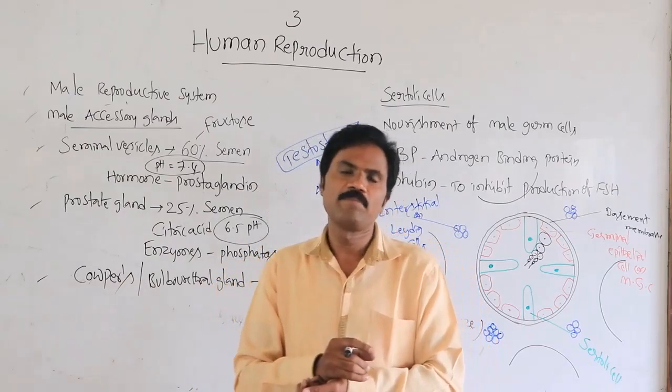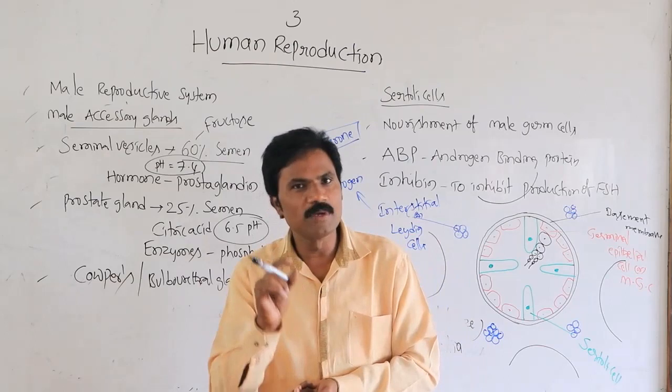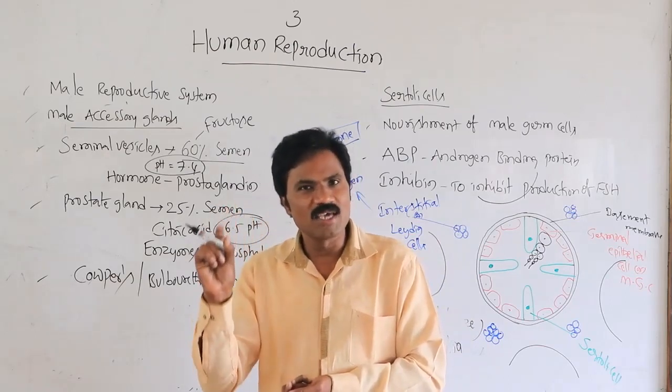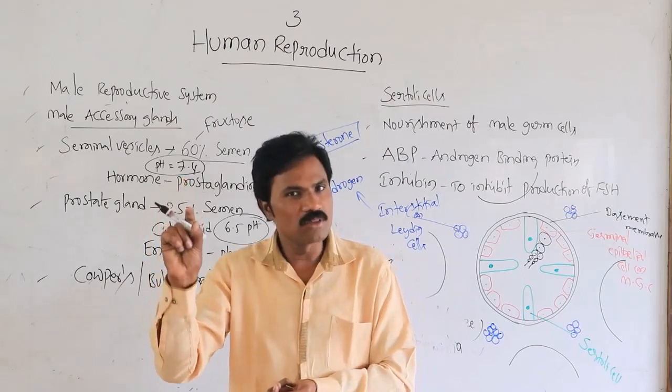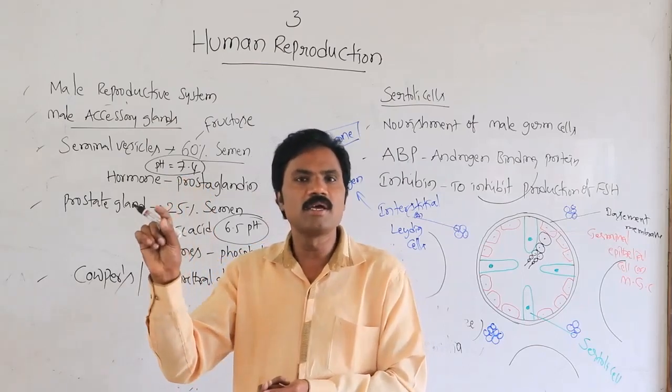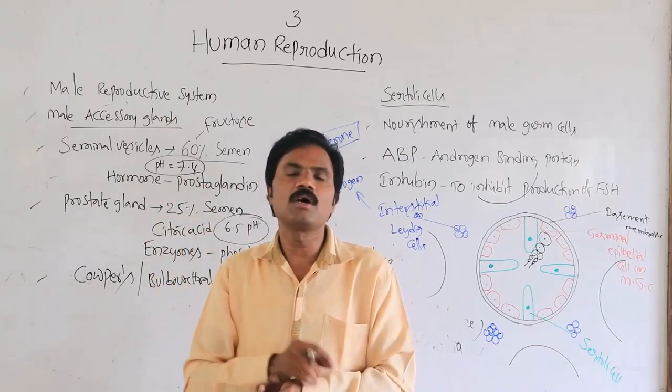Then, especially for the male accessory ducts, the sequence order is important. That is seminiferous tubule, rete testis, vasa efferentia, epididymis, vas deferens, urethra, ejaculatory duct, and urethral meatus.